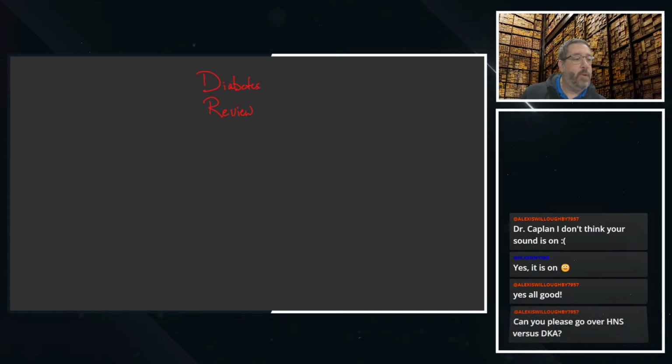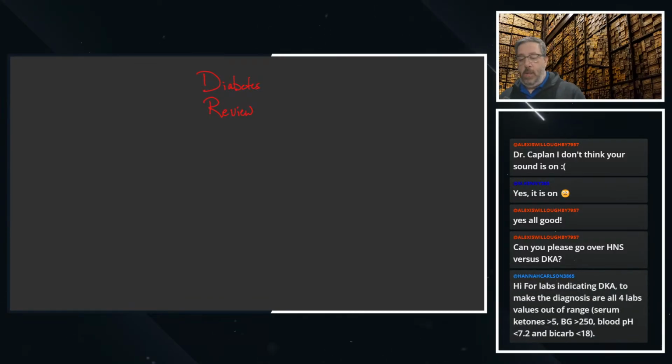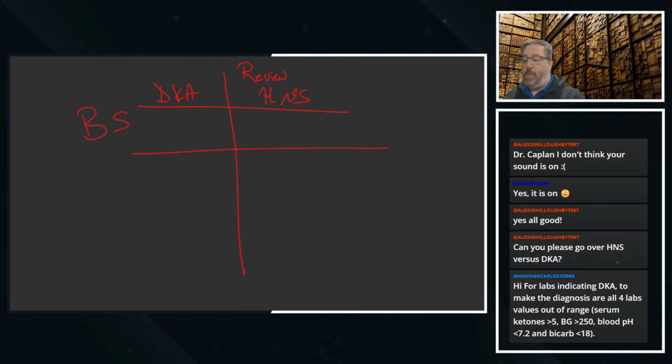Okay, let's go over HHS versus DKA. When it comes to hyperosmolar, the first thing we look at is the blood sugar levels. With DKA, blood sugar is usually around 400 or less than 400.